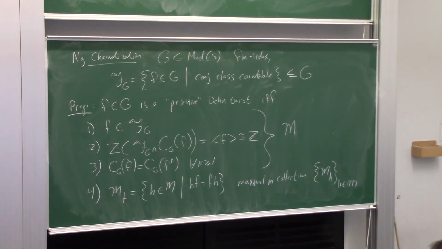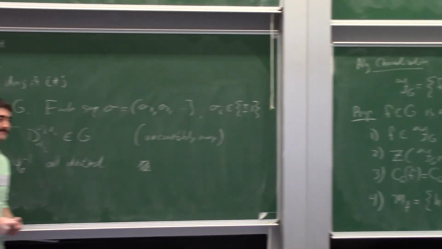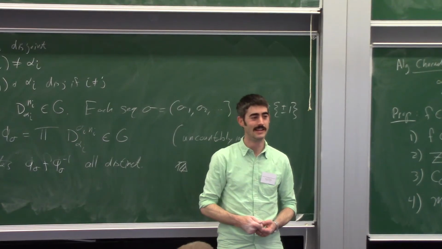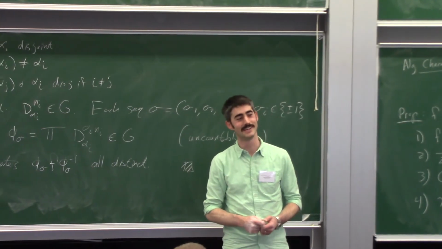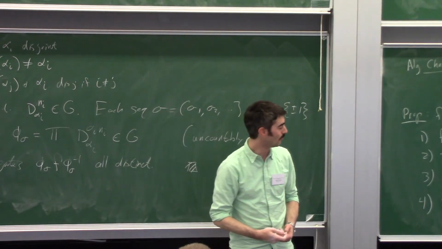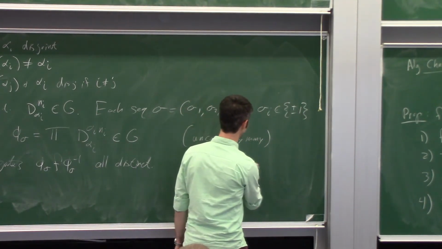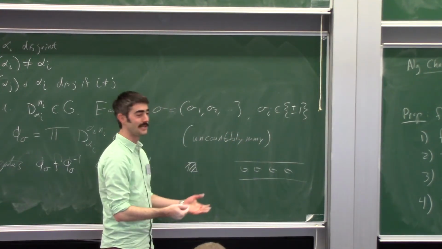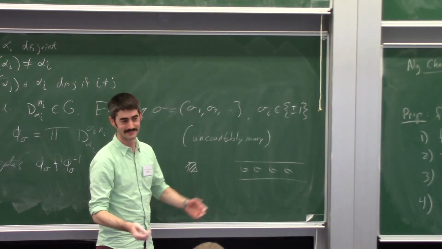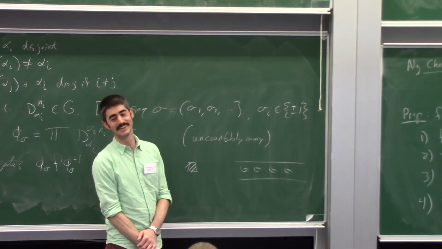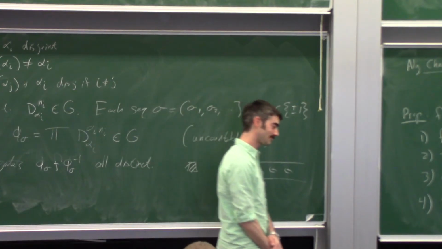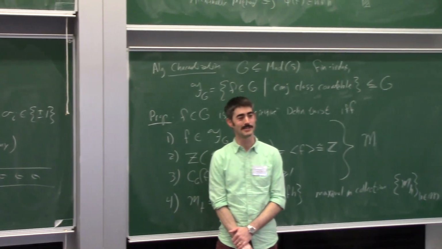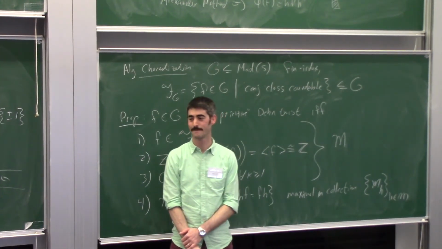Other questions for Spencer? Can you give me an example, or convince me that one exists, of a finite index subgroup of a mapping class group of an infinite type surface? Sure. One example would be to take that surface and look at its pure mapping class group. Oh, wait, that's infinite index.